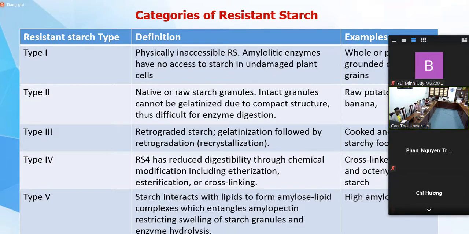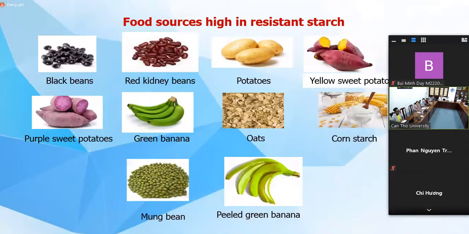Type 4 has reduced digestibility through chemical modification, mostly in cross-linked starch and octenyl succinate starch. Type 5 is mostly made from amylose-lipid complexes, and is mostly in high-amylose foods. So these are some of the food sources high in resistant starch.